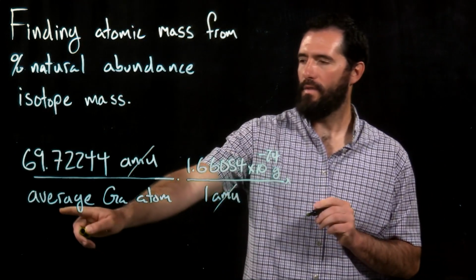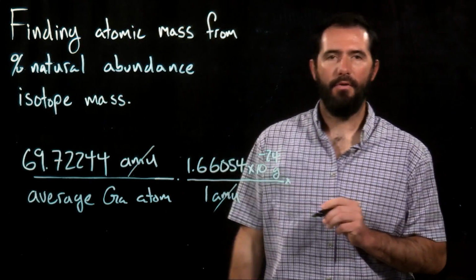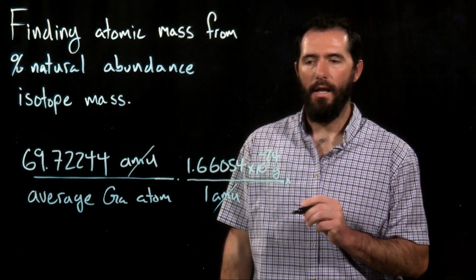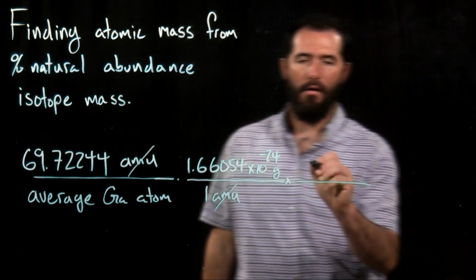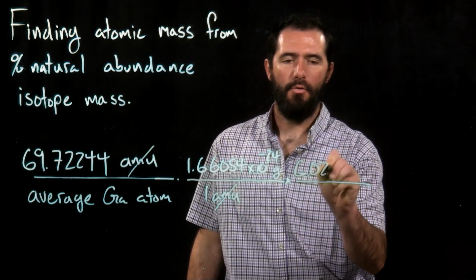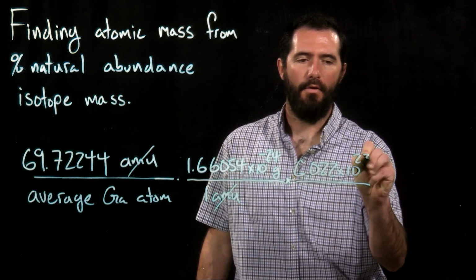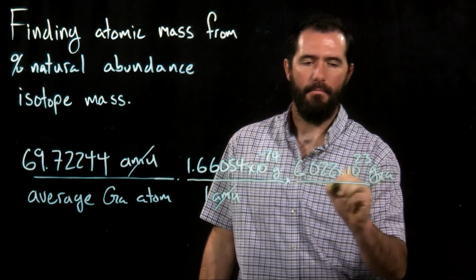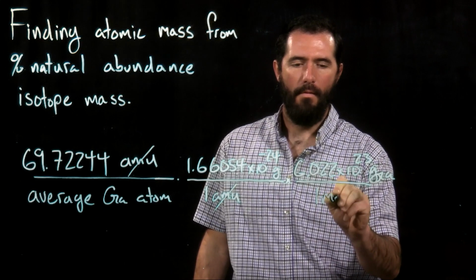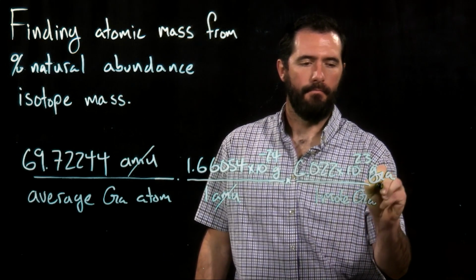Next, we don't want this quantity in terms of average number of gallium atoms. We want it in grams per mole. So we know that there are 6.022 times 10 to the 23rd gallium atoms in 1 mole of gallium.